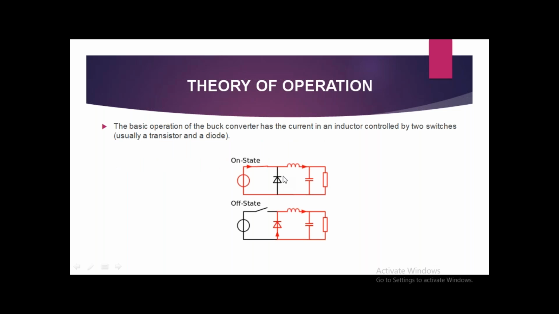If we talk about the operation of the buck converter, the current in an inductor is controlled by two switches, usually a transistor and a diode. The switch and the diode have zero voltage drop when on and zero current flow when off, and the inductor has zero series resistance.